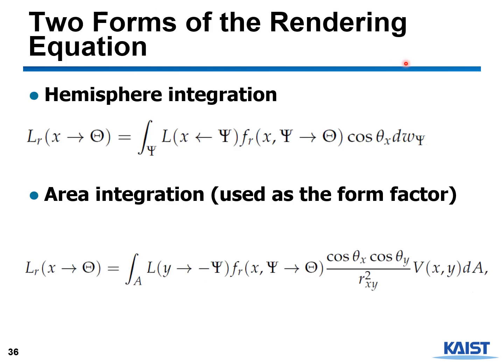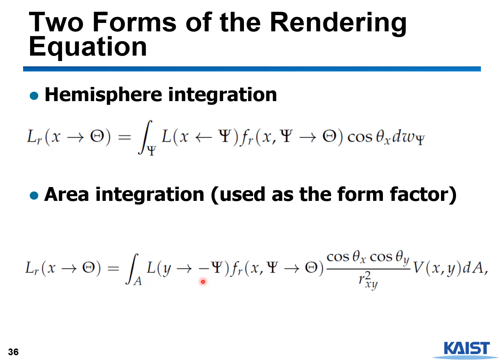In summary, we talked about two forms of the rendering equation. They're essentially the same thing. This is the hemisphere integration: the reflected energy is computed by integration over the solid angle with the incoming radiance, the BRDF, and the cosine term of the solid angle. The area integration, on the other hand, integrates over all the points on the triangles of the surfaces.